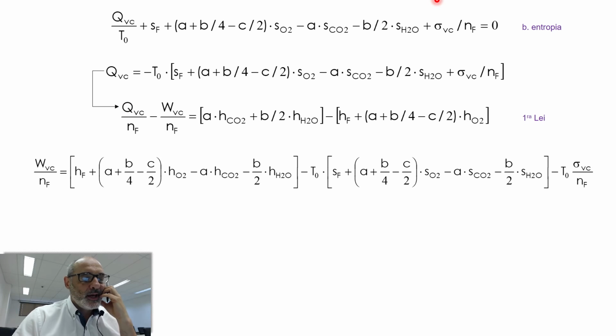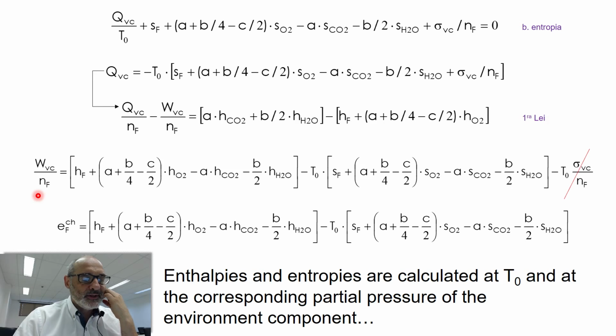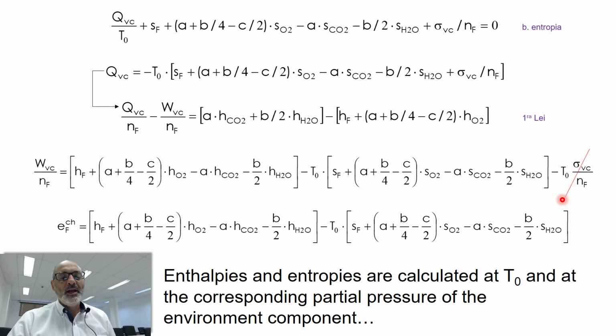So this is still the first law, but the heat I'm calculating from the entropy inventory. Well, now what I'm going to do, I'm going to rearrange some terms, and also I'm going to cancel the entropy generation term. Why is this?